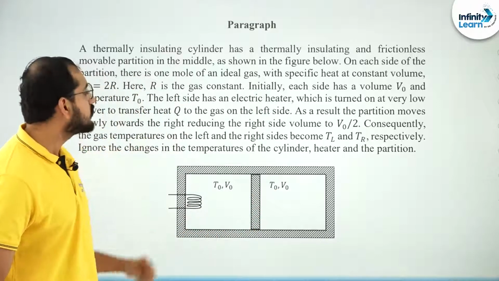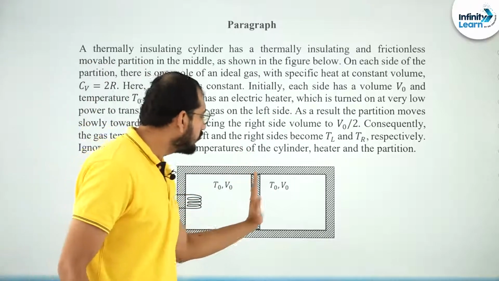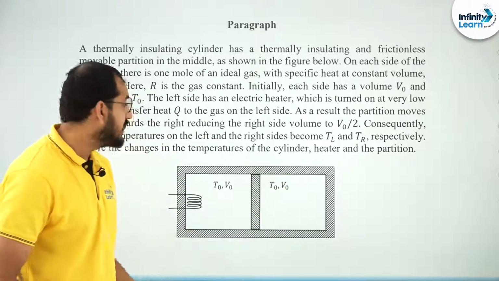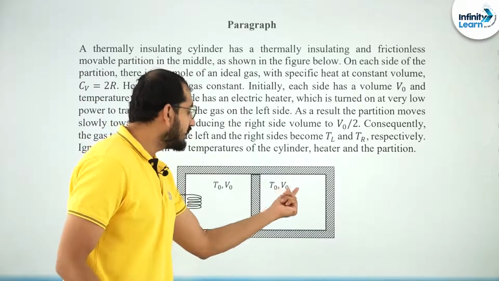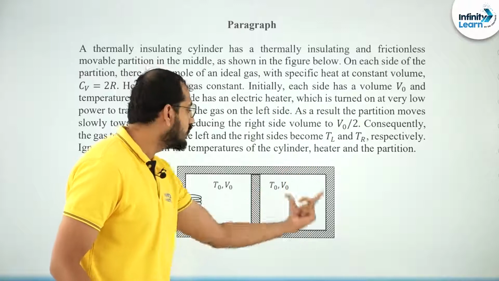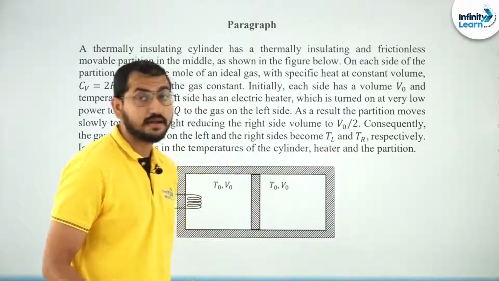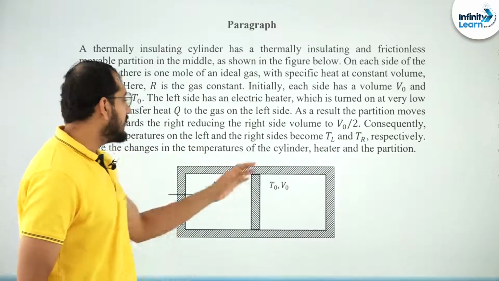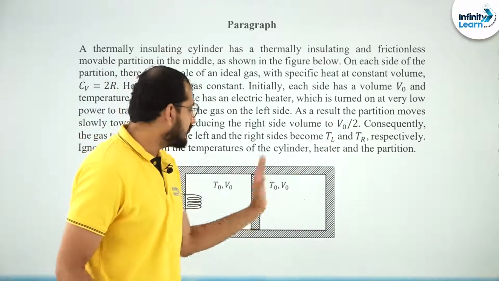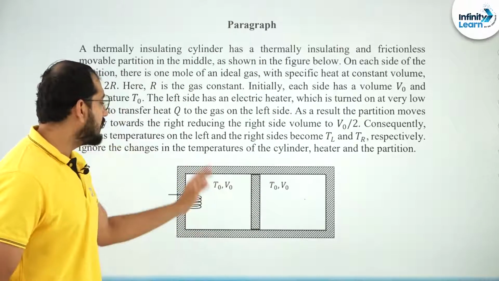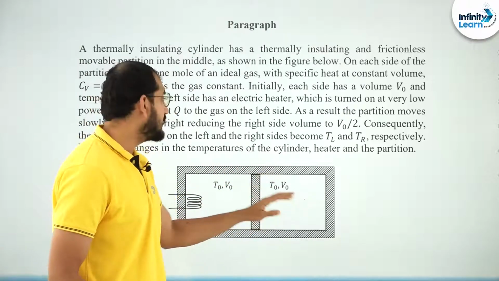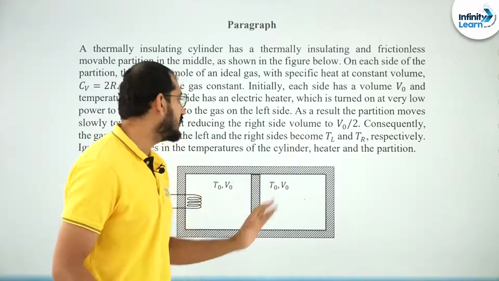So it is given in the question that this piston is moved towards the right side in such a way that initially the volume is V naught, and finally the volume on this right chamber has become V naught by 2, right. Also in the final stage, after the movement of the piston, the temperature has changed in both chambers. It is TL and TR on the left and the right side.